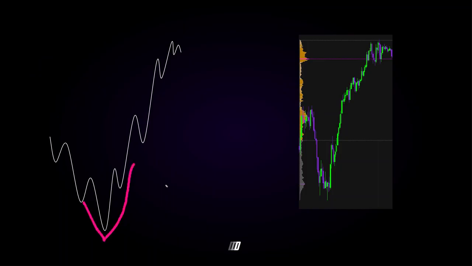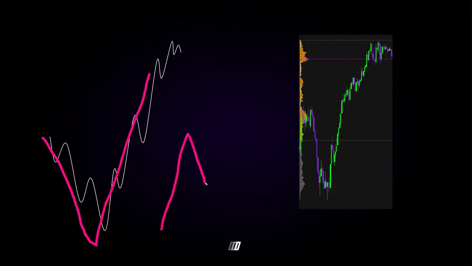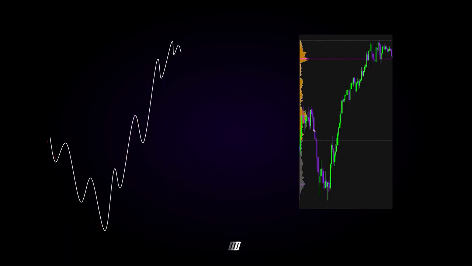So not a very directional day, but a very volatile day where price swings can be very deep and retracements can be very deep. For example, here we opened down and then we moved up for the entire session and then we closed here.